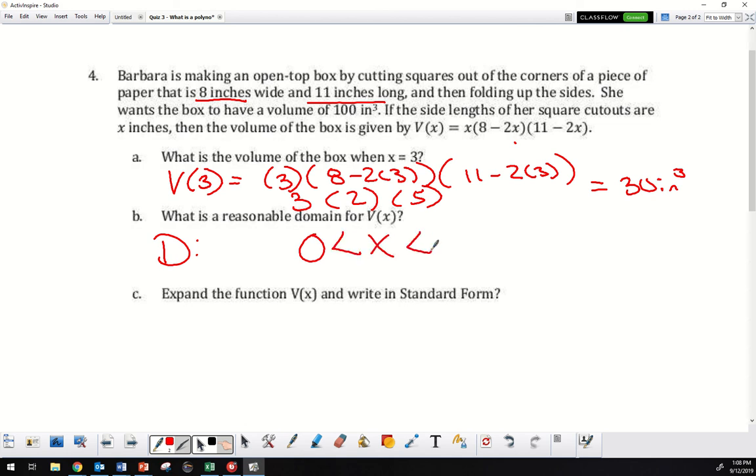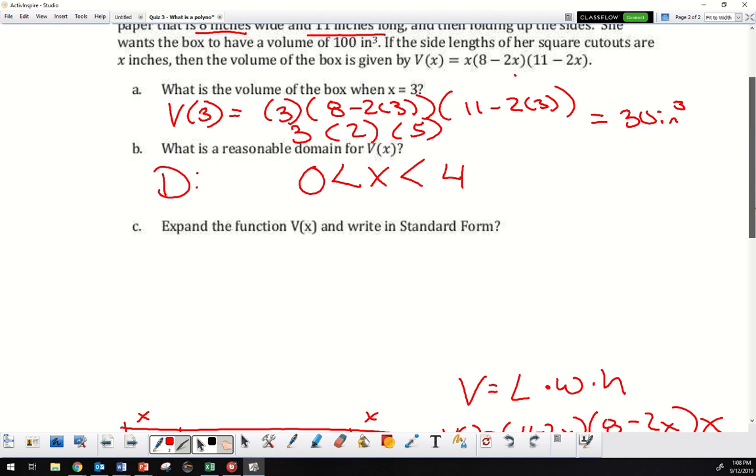And if I go all the way to 4, that means it is not going to be equal. I can't have equal to 4. I could only have less than 4, because if I go all the way to 4, it doesn't work. All right, so that's going to be my reasonable domain for that.